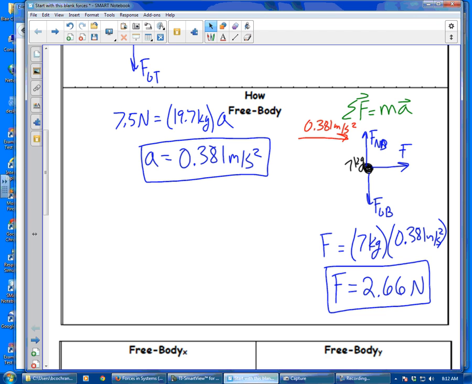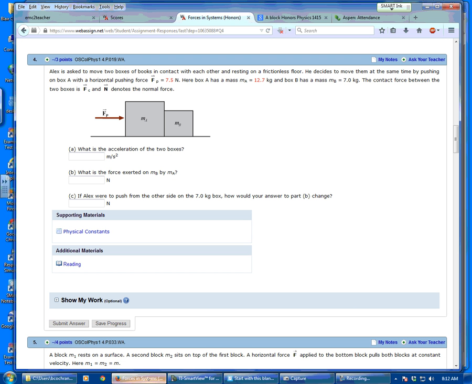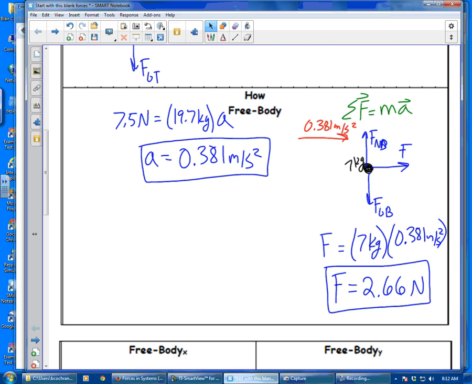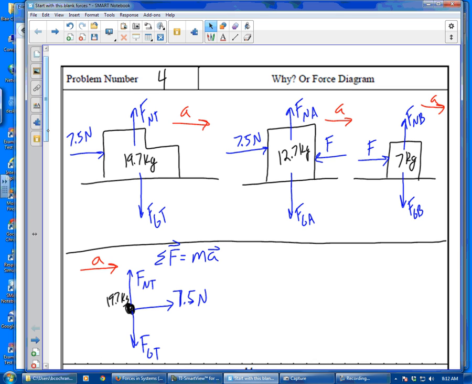All right, so the third part of this one asks, what if they were pushing on the other side of the box? That changes our force diagrams, and maybe I'll do them in red. Still have the 12.7 kilograms here.